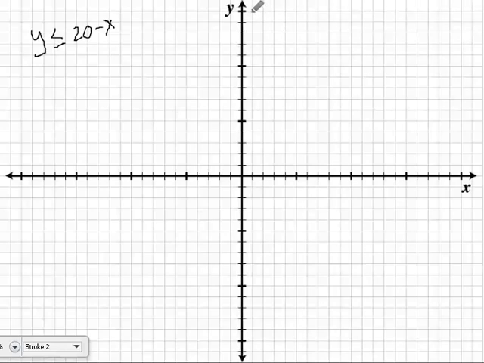So it'll be right about here, and it's going to be a solid line going down like this. If I put 0 in there, I've got 0 is less than 20, and that's true. And so I would be shading on this side of the line this way.